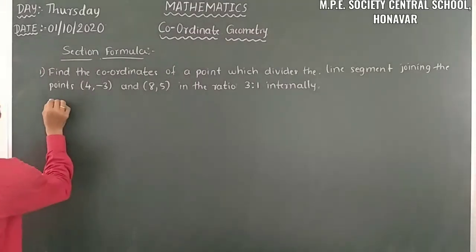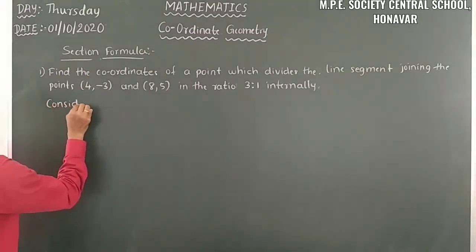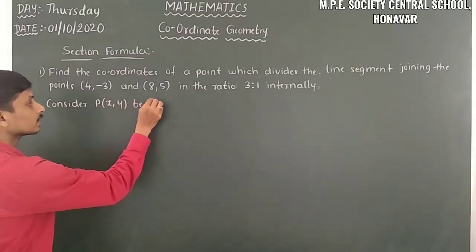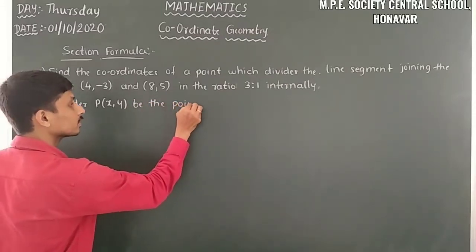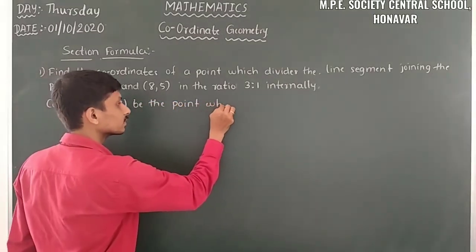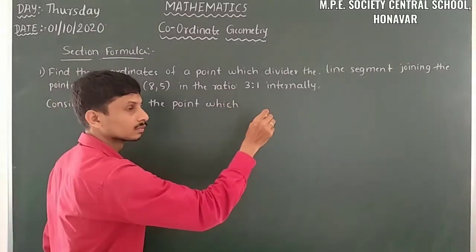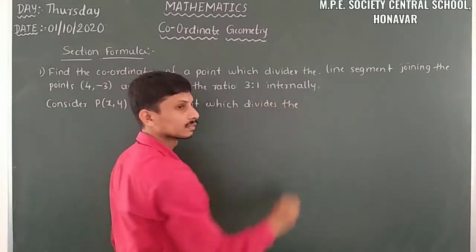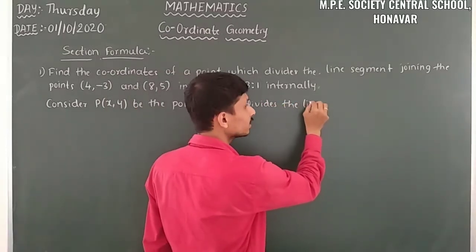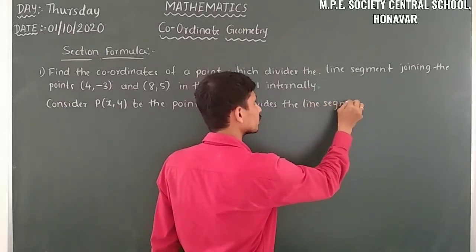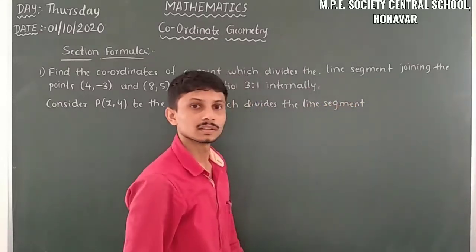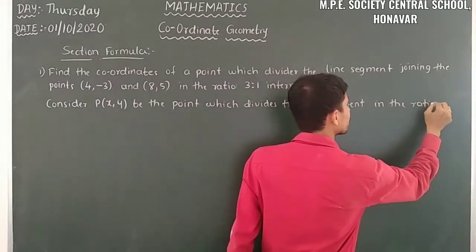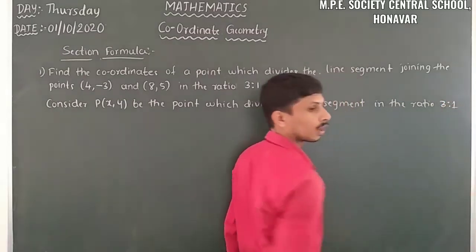So consider P of x comma y be the point which divides the line segment in the ratio 3:1 here.